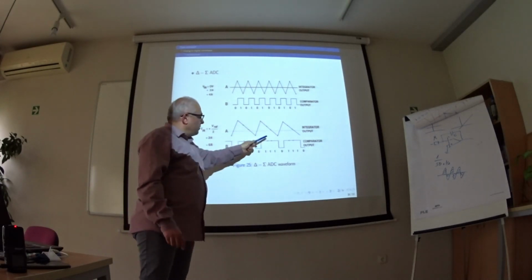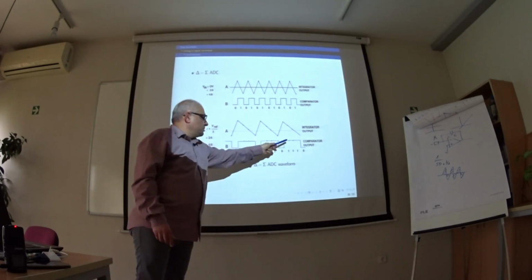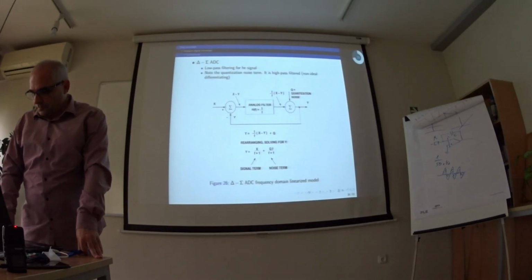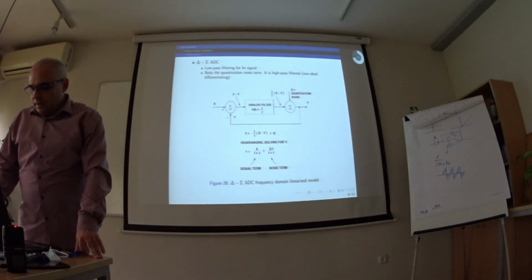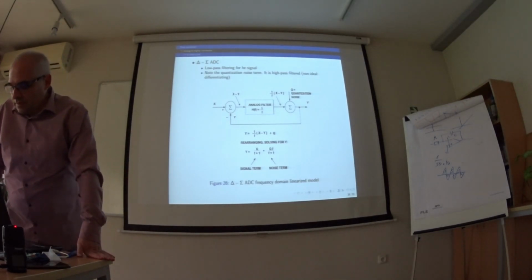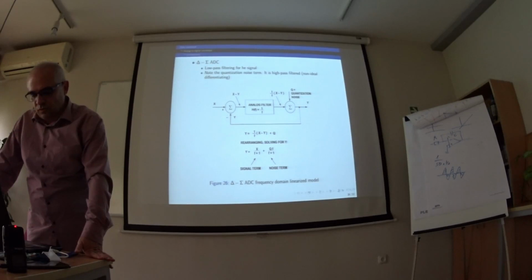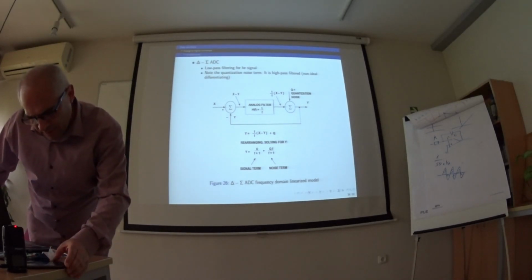So if we make an average of such a thing, we can increase the resolution. Here is shown a model of the delta sigma analog to digital converter, and the simple analysis shows the following.